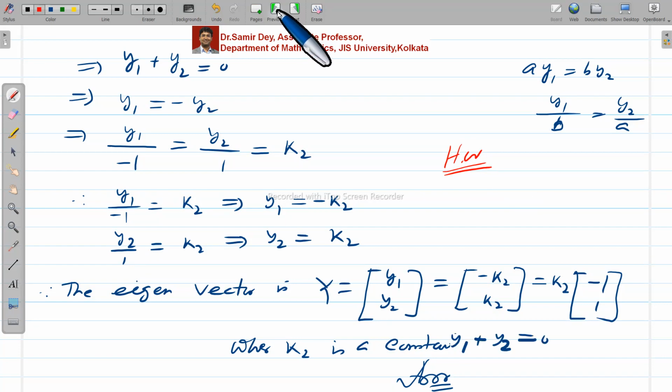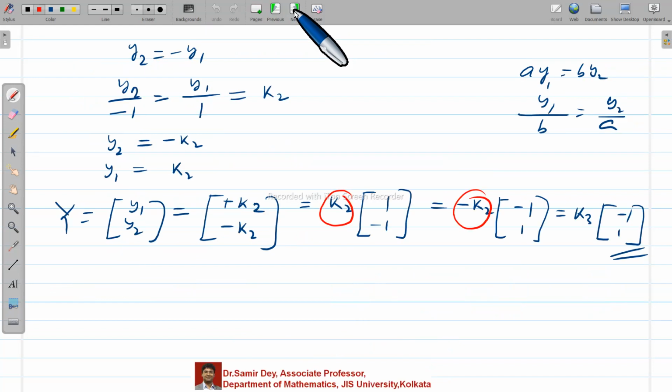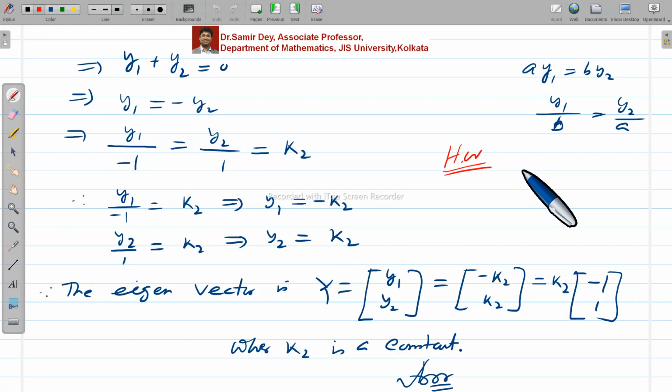What about the matrix? Please write down A is equals to [5 4; 1 2].